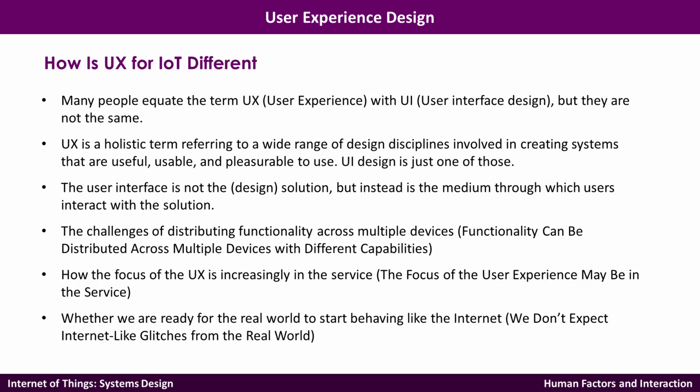IoT has changed this significantly, where we need to make more complicated decisions on when to perform a particular action or interaction with the user, and what device is responsible for carrying out that action. We will be discussing these challenges later in this lesson.